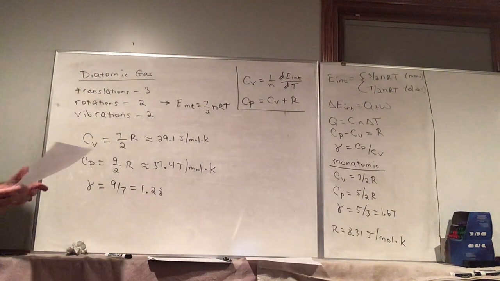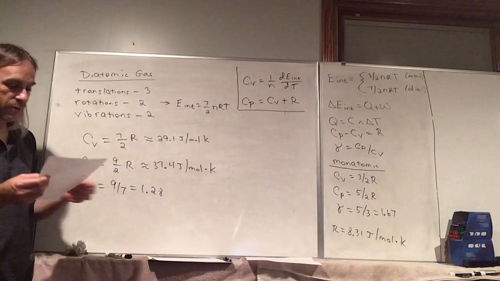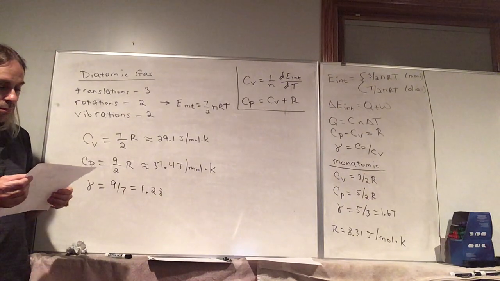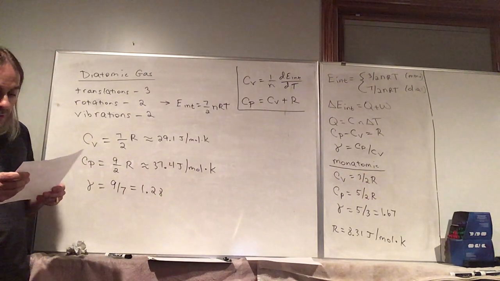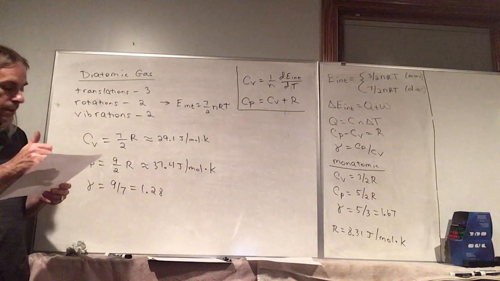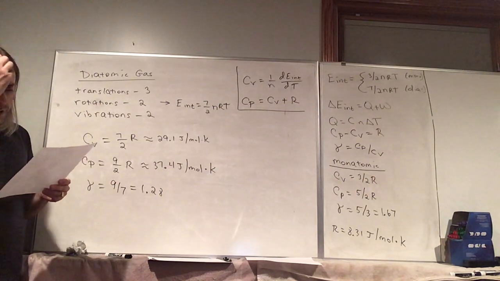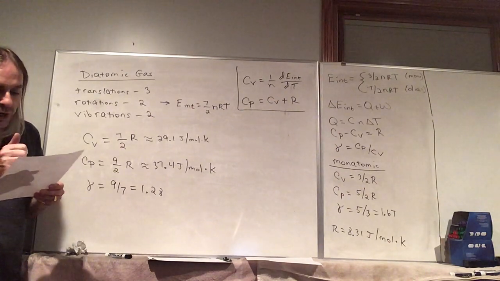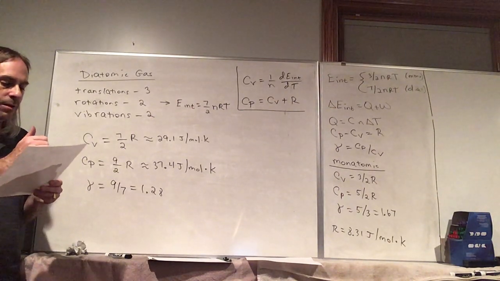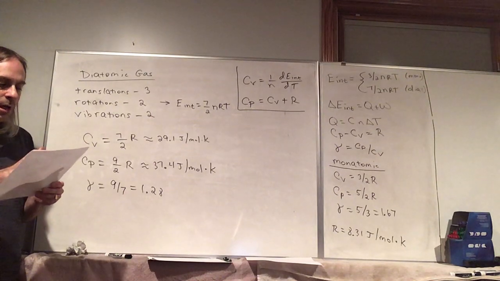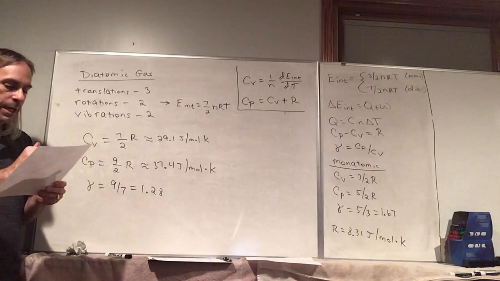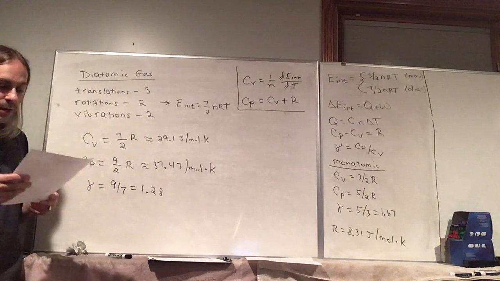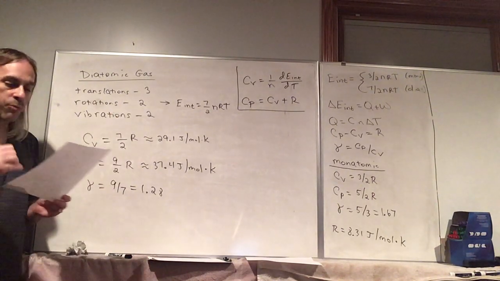So let's see what we get. 29.1, yeah, I can't even read this too well, but for CV, I think it's 20.4. Oh, we're looking at helium, nitrogen, oxygen, carbon monoxide, and chlorine gases. So I'm going to read these values for CV. We should be getting 29.1.